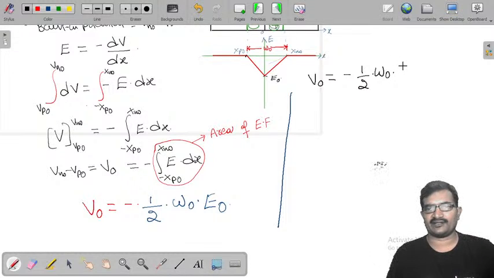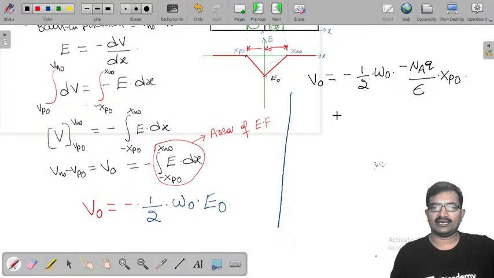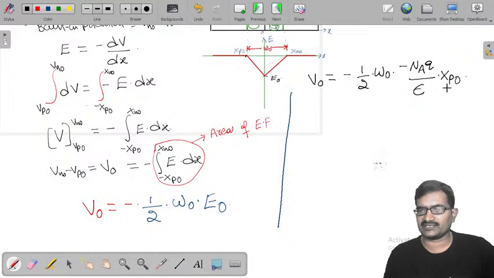Next, the maximum electric field, we know it: minus Na into Q by epsilon, or minus Nd into Q by epsilon. In terms of Na or Nd, the choice is yours. Minus Na into Q by epsilon into xp0. And we already represented an equation for xp0 in terms of W0.